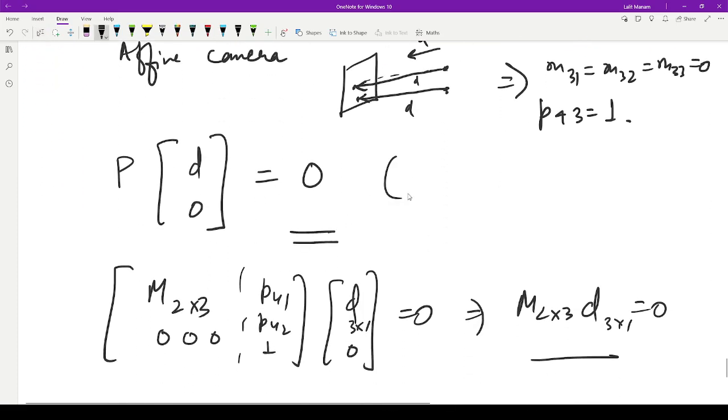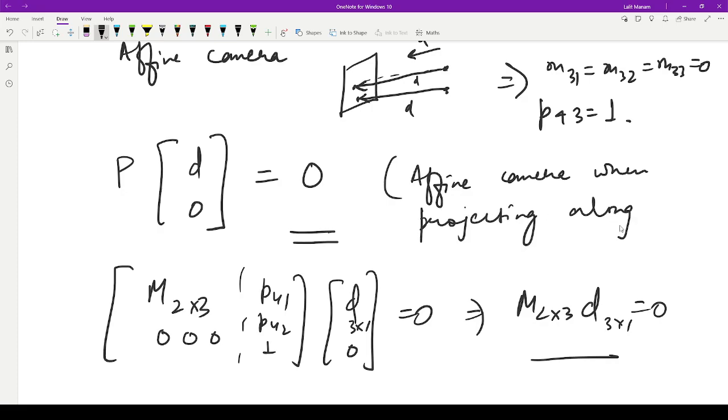Yes, sir. This only holds for an affine camera when projecting along direction D. Why does this hold in an affine camera? Can anyone say that?